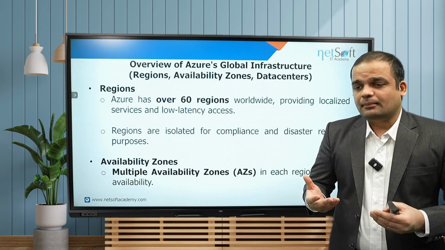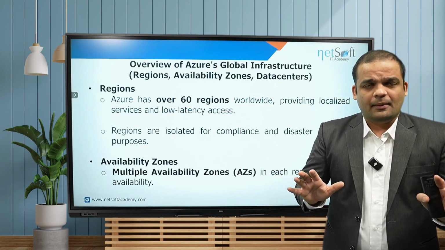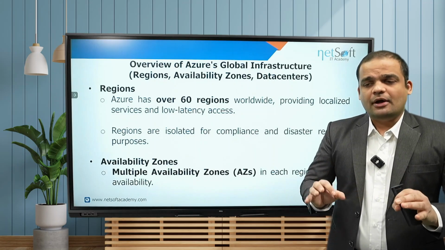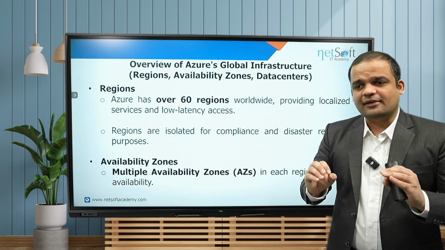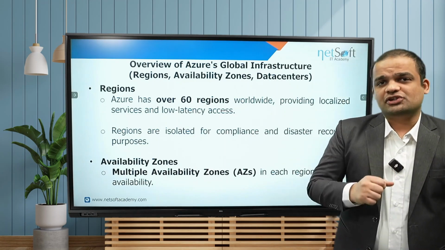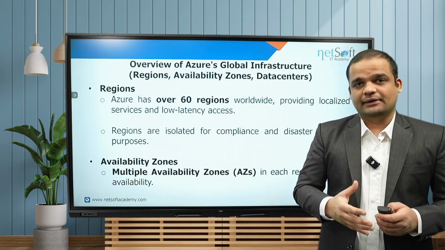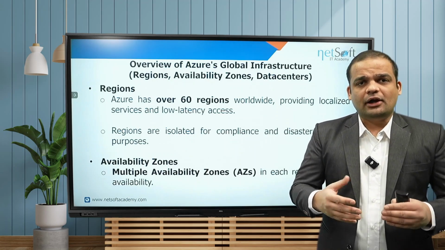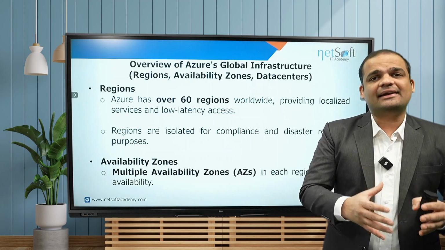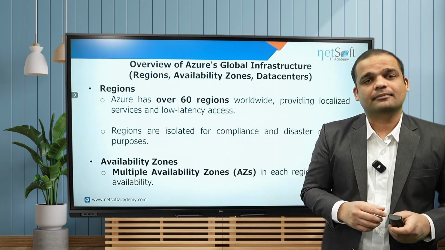Now, this compliance might be coming from the industry or the government, it doesn't matter. But the cloud platform makes sure that there is a way to be compliant. Now let's go back to region. Each region functions independently, providing localized access and disaster recovery options. So that is your region.